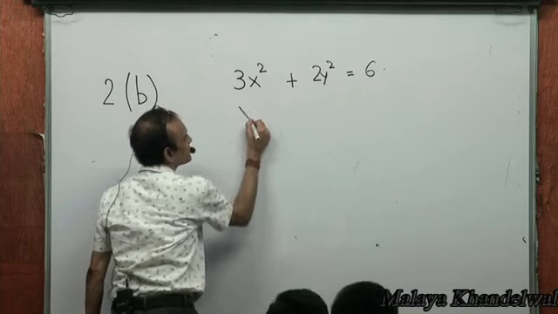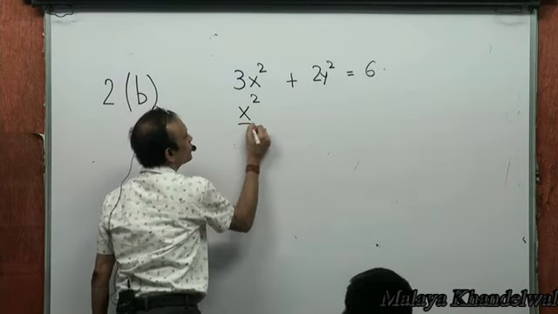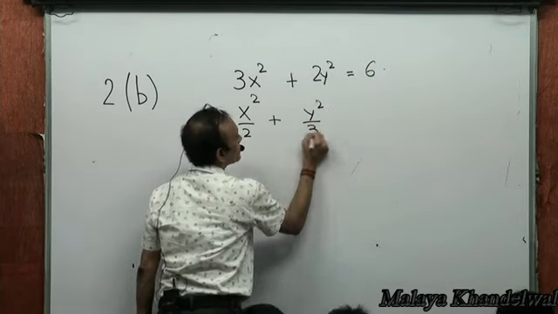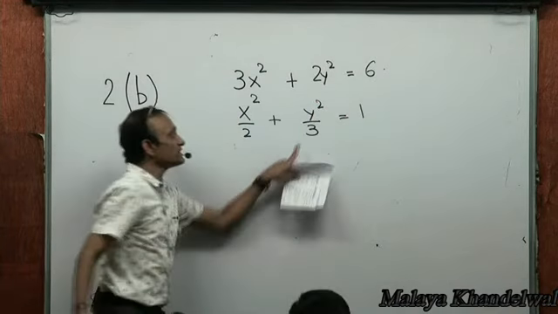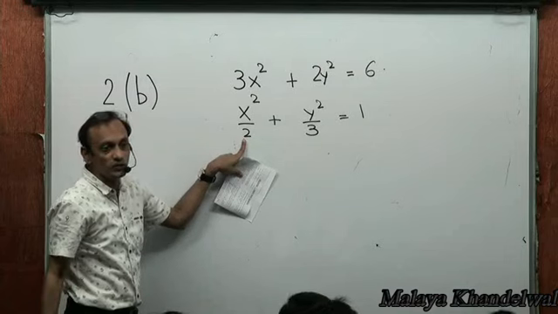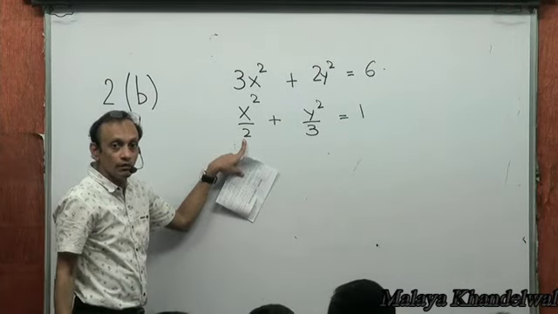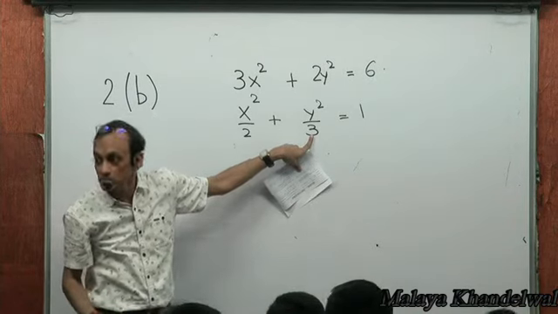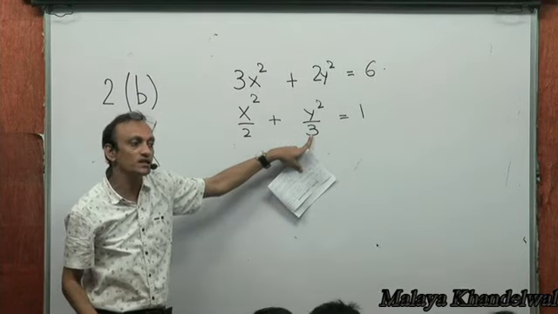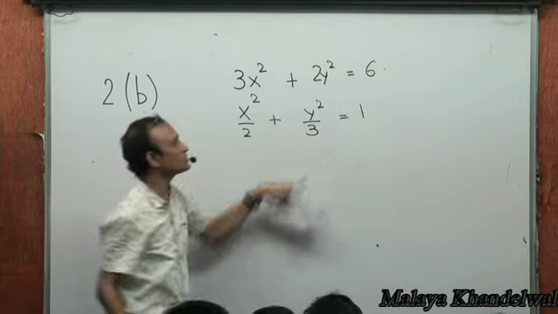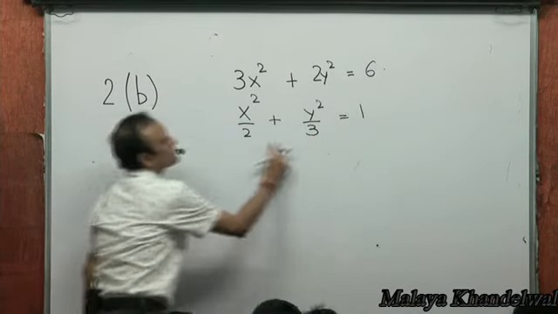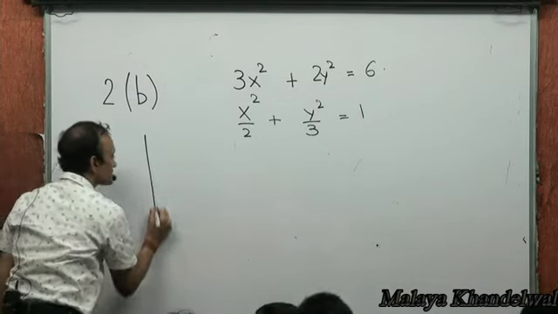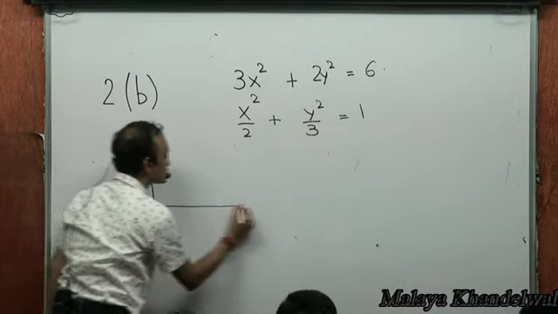Now this ellipse could be written as x squared by 2 plus y squared by 3 equal to 1. Realize that b squared is more than a squared, right? So the y-axis will serve as the major axis for such an ellipse. Yes or no? And obviously the center of the ellipse is the origin of coordinates, right? So this ellipse will look like this.